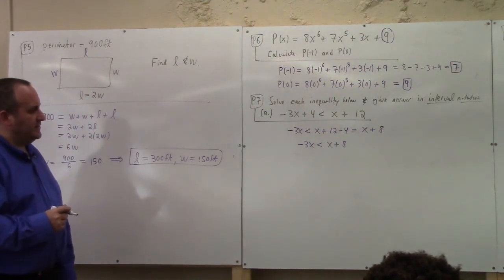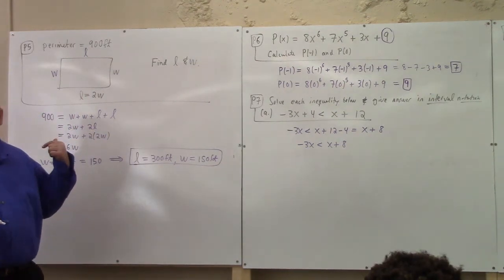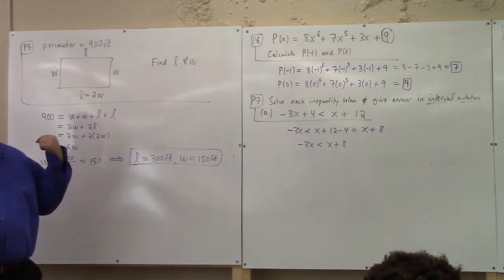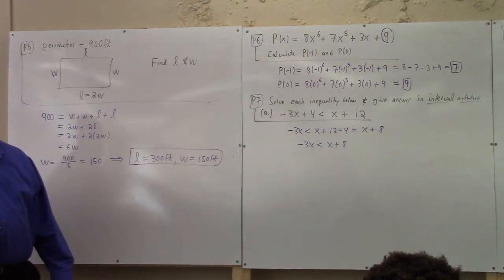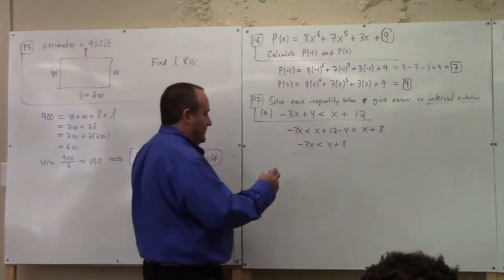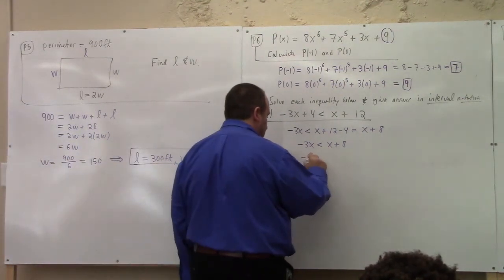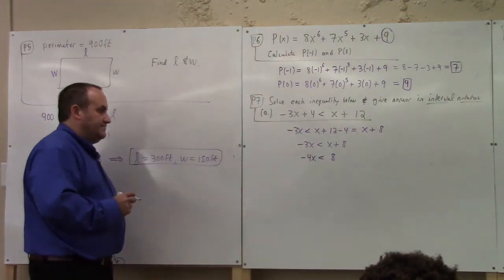Oh yeah, I want to bring all the x's to one side. What should I do? Subtract x from both sides or add 3x to both sides? Which way do you want to go? Subtract x? All right, so that gives us minus 4x is less than 8.